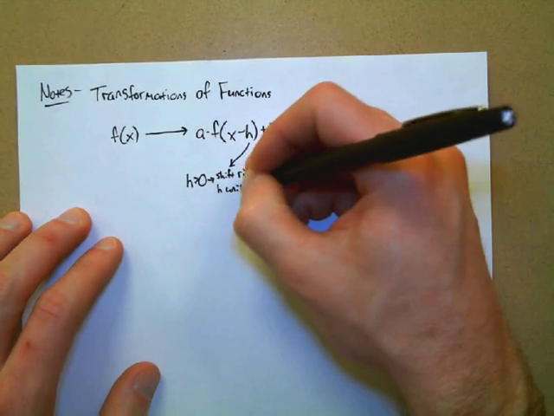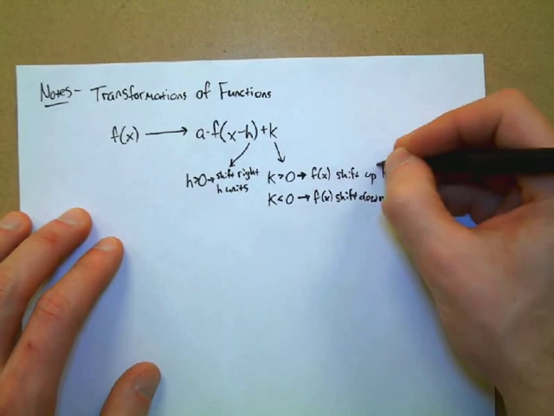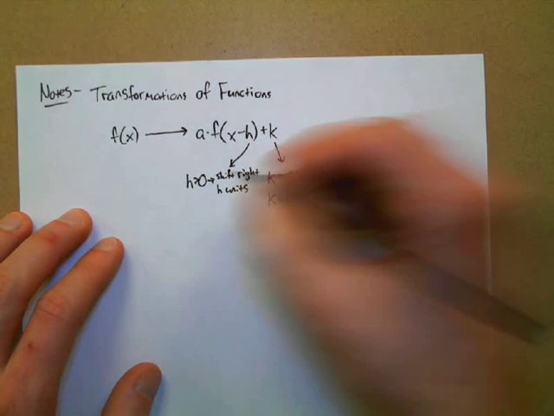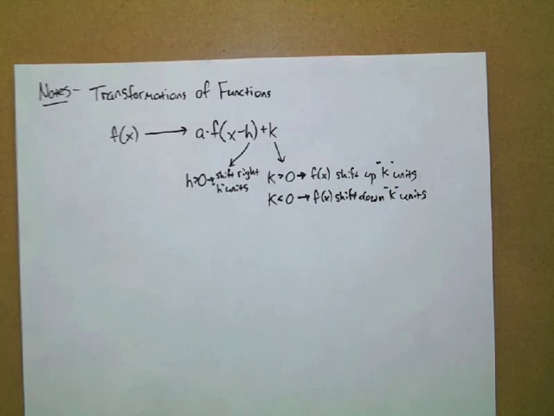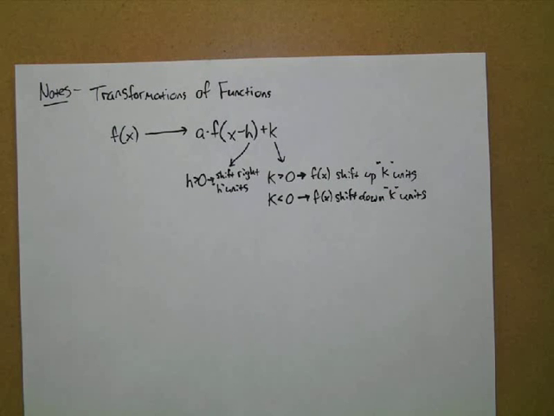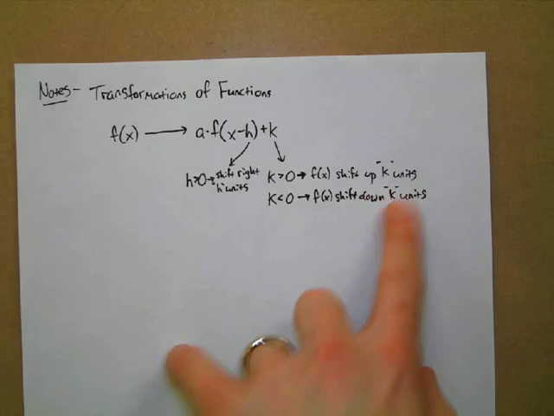So if h is greater than 0, that means x minus 3 or x minus 10 or x minus 100 will shift right that number of units, which is kind of backwards. If you see an x minus a number, you might think that means I should shift left, because left is like a minus direction and plus would be like a positive direction. But it's backwards from our shifting up and down. Here, if we add a positive k, it shifts up, which makes sense.